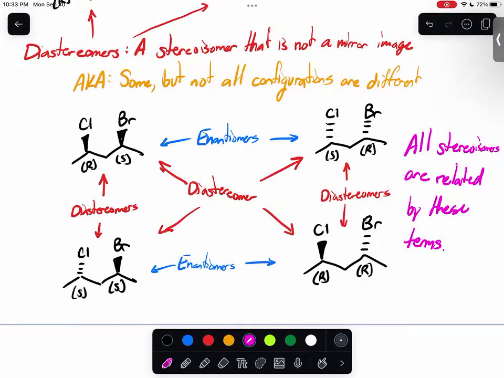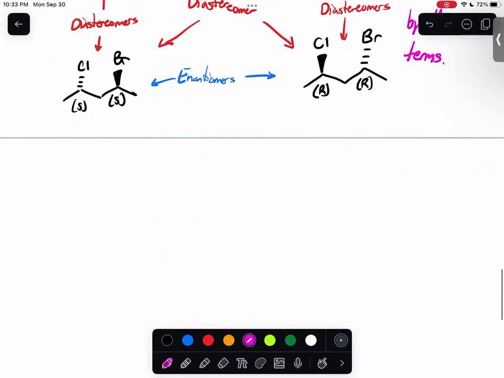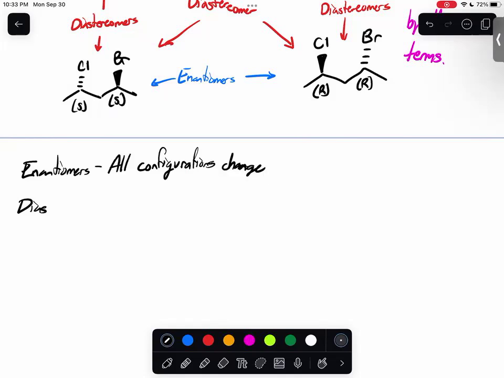So as a reminder, the easiest way to think of these is that for enantiomers, all configurations change. And then for diastereomers, some, but not all configurations change.